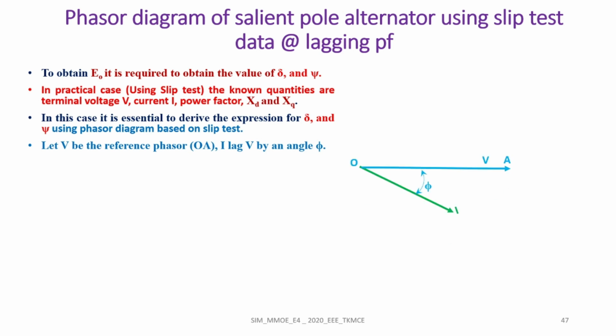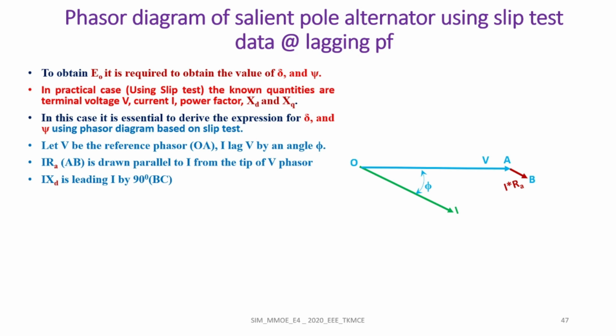Then we need to consider the I into RA drop, which is drawn from the tip of the voltage phasor, parallel to armature current I. Then we consider the I into XD drop, which is leading the armature current by 90 degrees. Let BC represent the IXD drop.